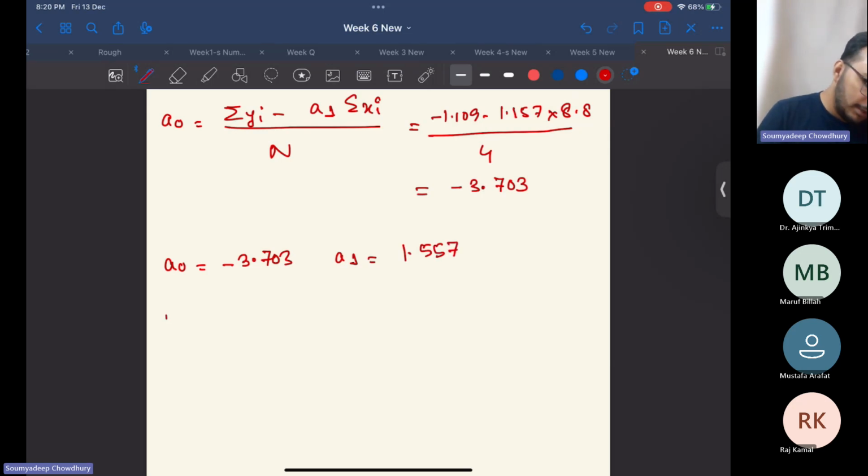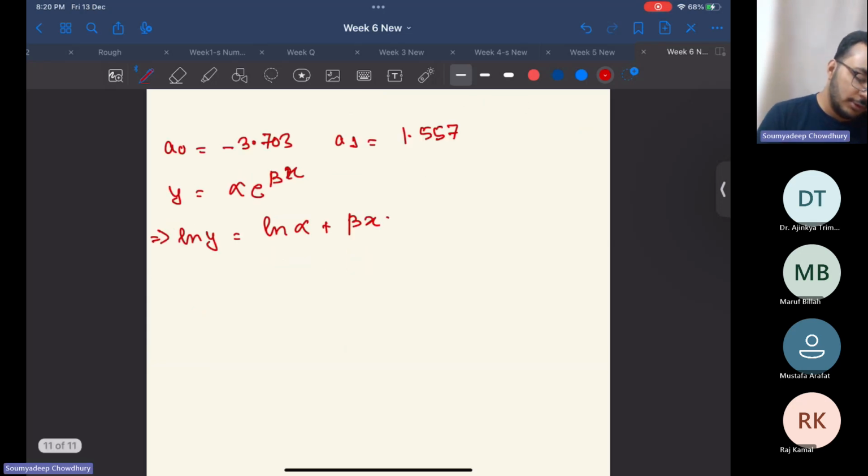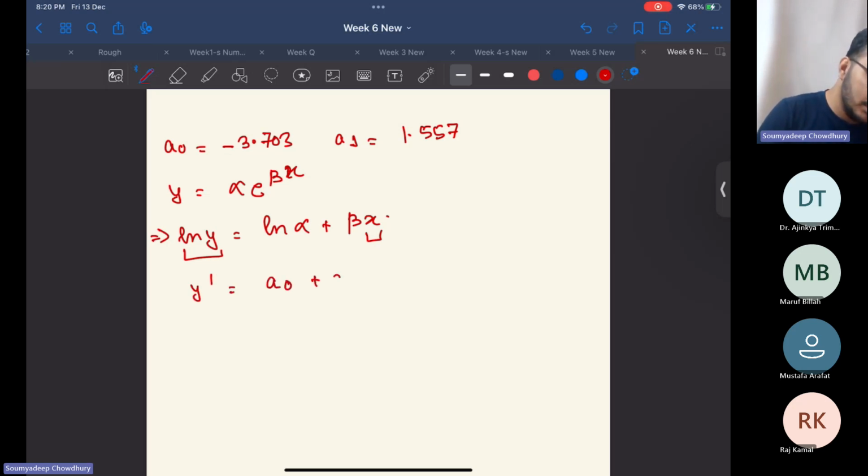So from this you get y dash. What was my equation? Your equation was y equals alpha e power beta x, right? So ln y equals ln alpha plus beta x. What we have done is fitted between ln y and x. So this was y dash equal to a naught plus a1 x.